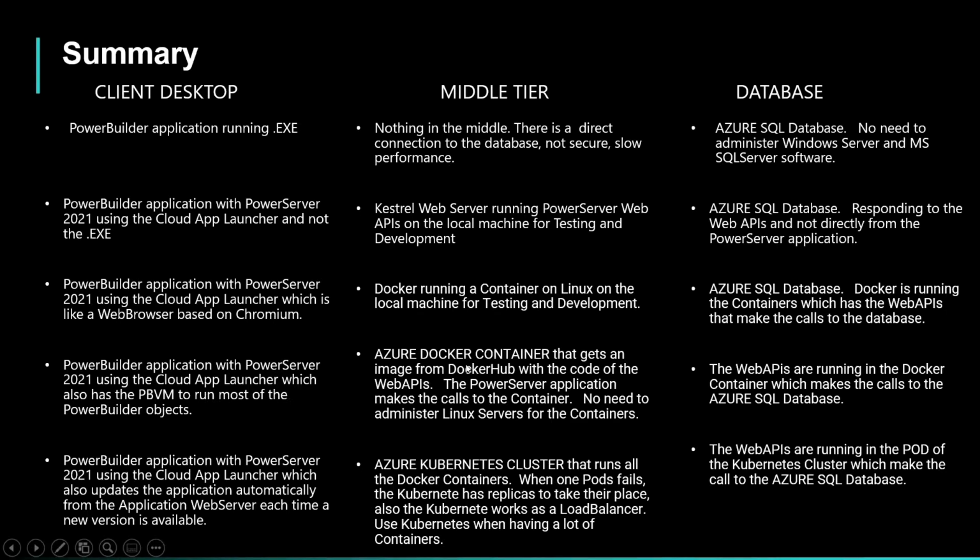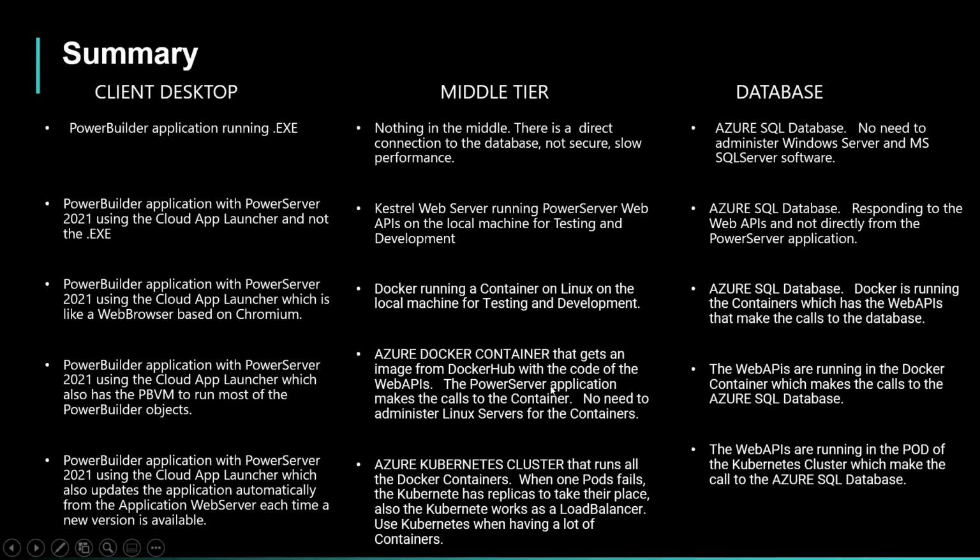And in the middle tier, now we created an Azure Docker container that gets an image from Docker Hub. Remember that the image that's created with SnapDevelop on the local machine goes to Docker Desktop, and then Docker Desktop uploads it to Docker Hub, and then when you create the container in Azure, it basically imports the image from Docker Hub with the code of the web APIs.